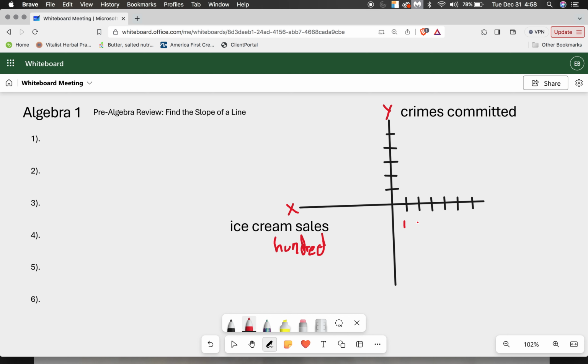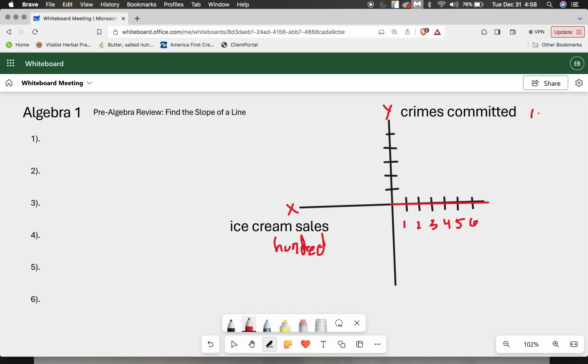So for every 100 or 200 or 300 or 400 or 500 or 600 ice cream sales, as this number got bigger, the more ice cream sales there were, the fewer crimes were committed.